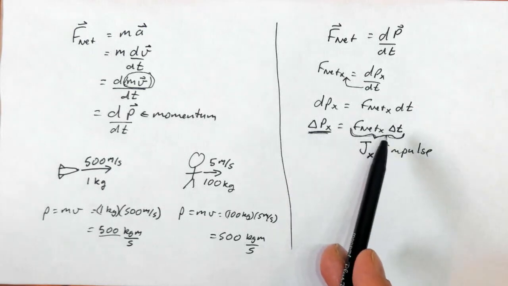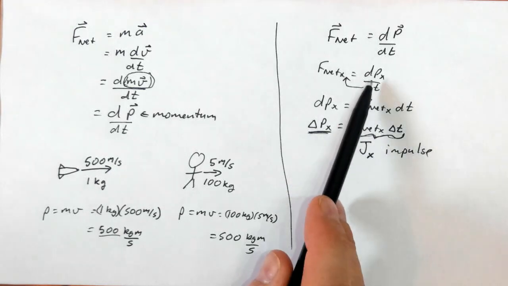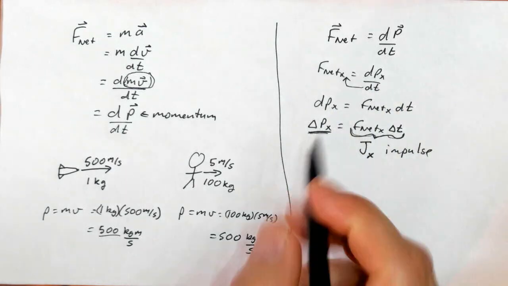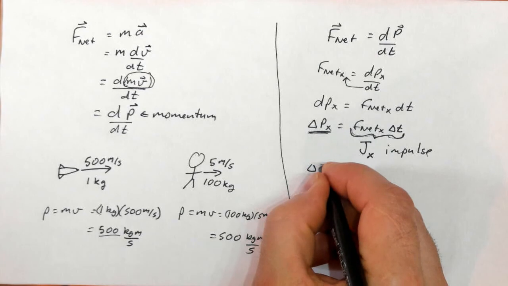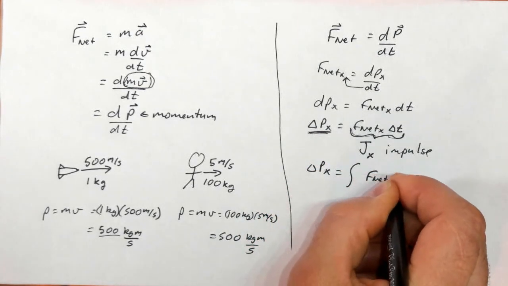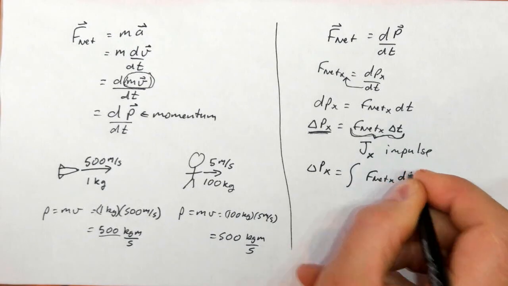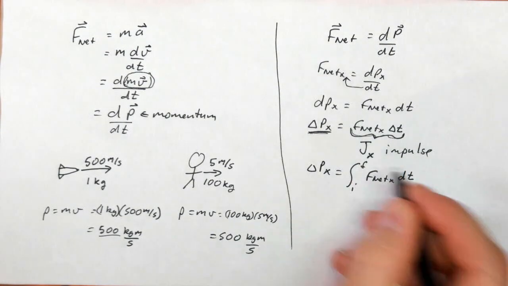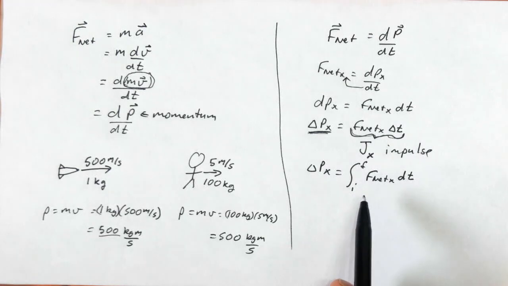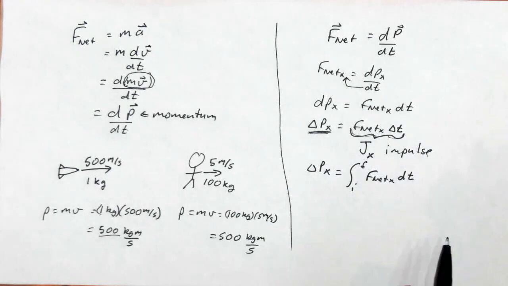Now, if the force is not constant, so I couldn't turn these small changes into a big change, well, that's all right. I can say delta px is just an integral of F net x dt from an initial time to some final time. But what is an integral? An integral is just an area under the curve.